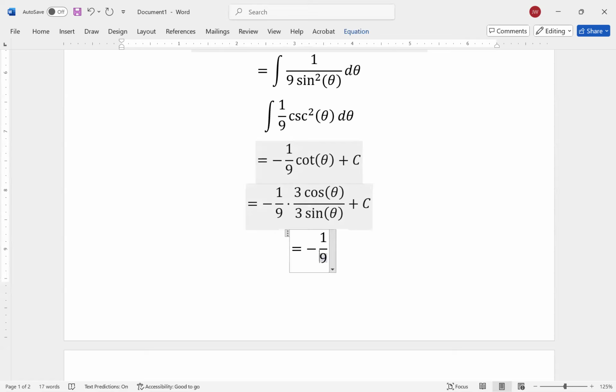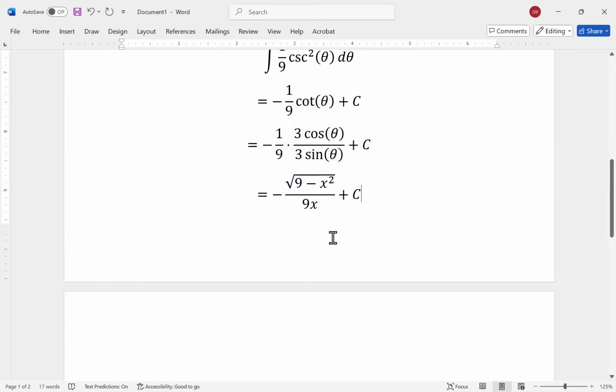The 3 cosine theta was my ugly square root, specifically the square root of 9 minus x squared. And then 3 times sine theta is just x. And then I can do a plus c. I'll not write that 1 just to make it look a little bit nicer. So that's my final answer.